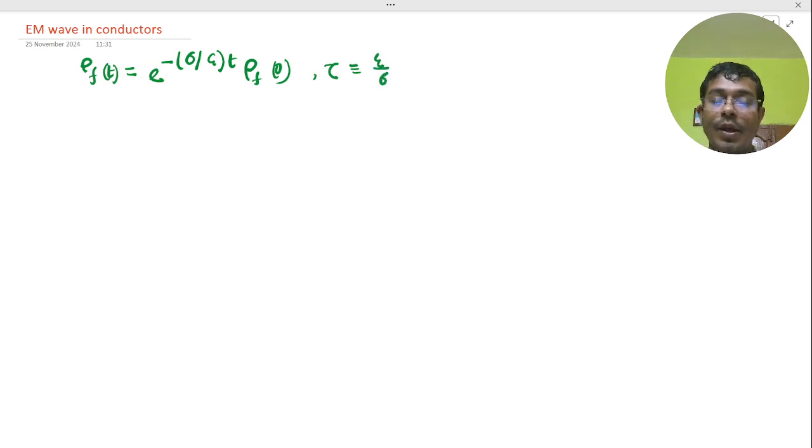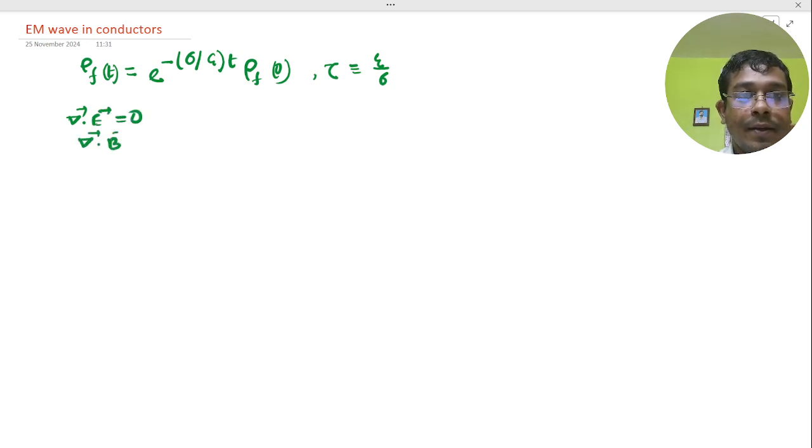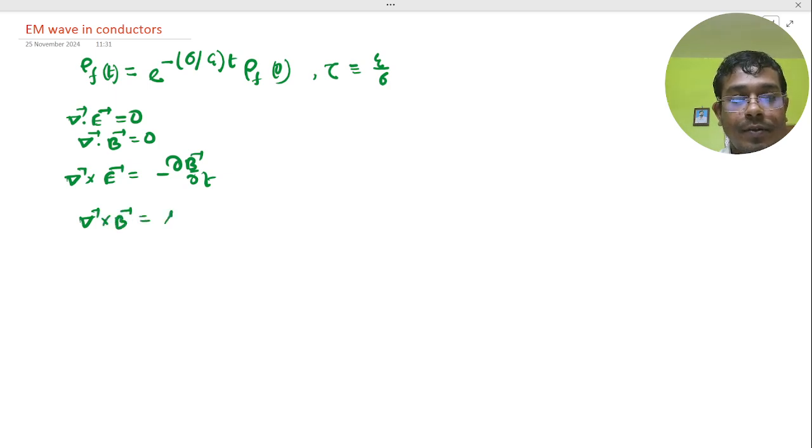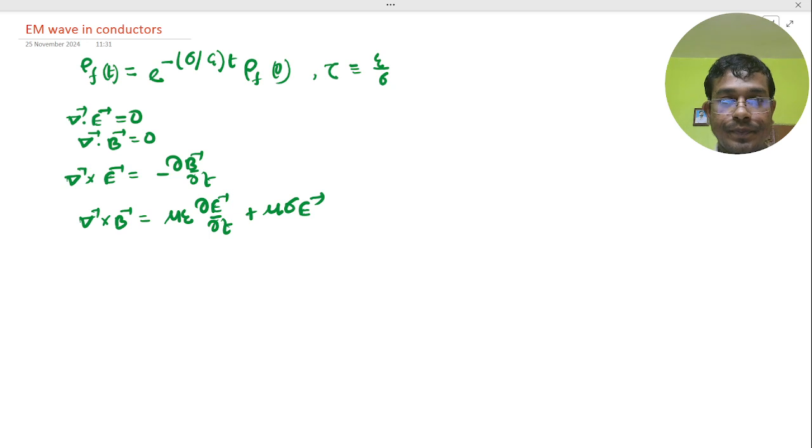And we have here Maxwell's equations: divergence E should be 0, divergence B should be 0, curl E is minus del B by del t, and curl B is mu epsilon del E by del t plus mu sigma E. This is our Maxwell's equation here.